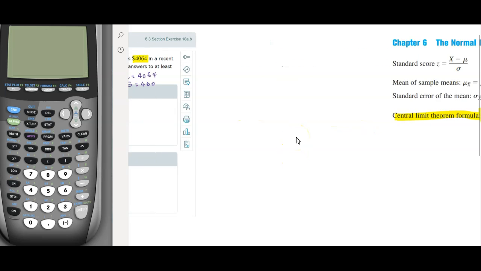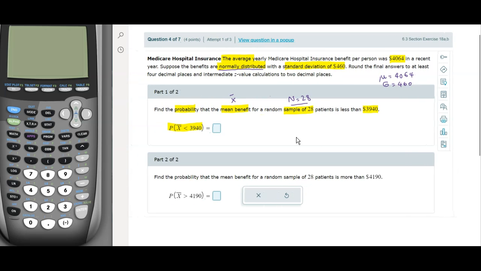How can I do this? First of all, I'm going to start with the same expression, which is the probability of X bar less than 3,940.